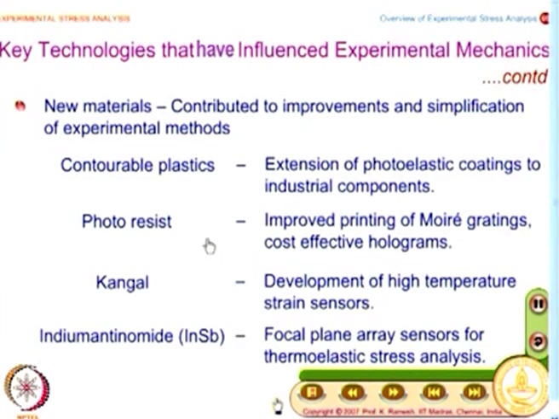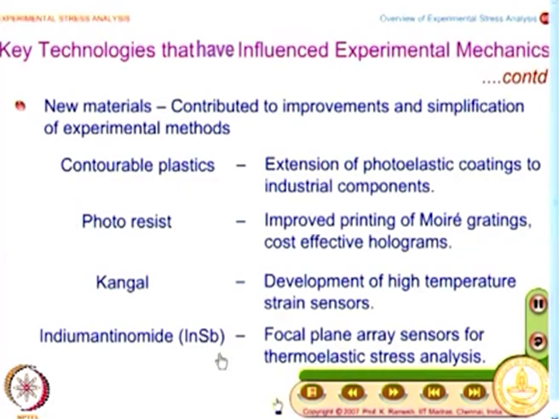And finally, indium antimonide has helped in the development of focal plane array sensors for thermoelastic stress analysis.